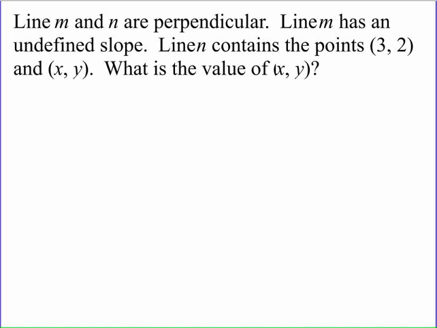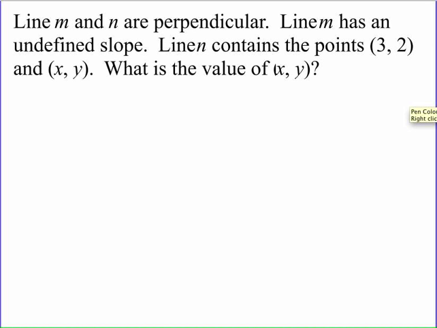All right, real quick, this is our last one. Lines M and N are perpendicular. Line M has an undefined slope. Line N contains the points (3, 2) and (x, y). What is the value of (x, y)? Undefined slope means what type of line? Vertical.